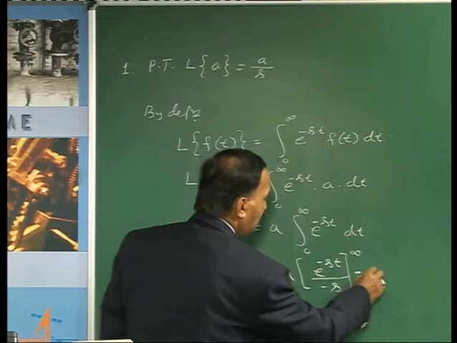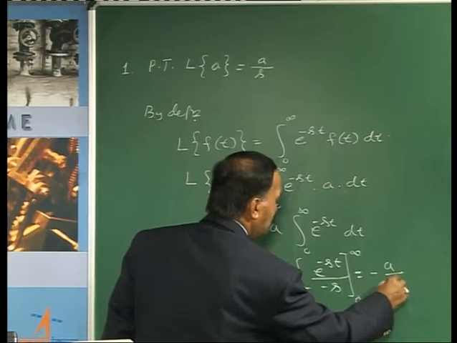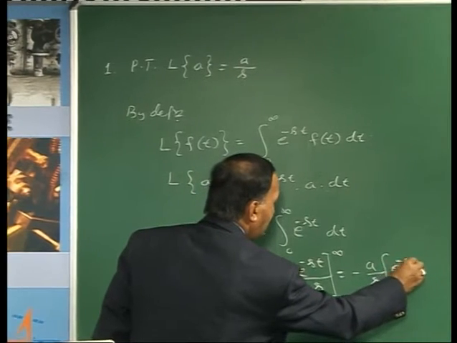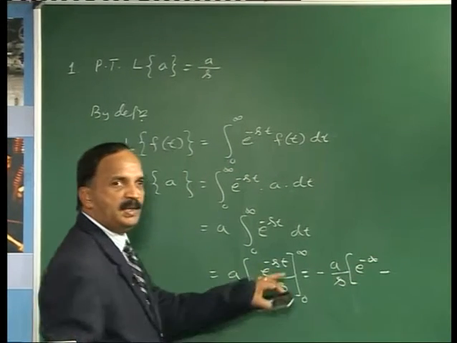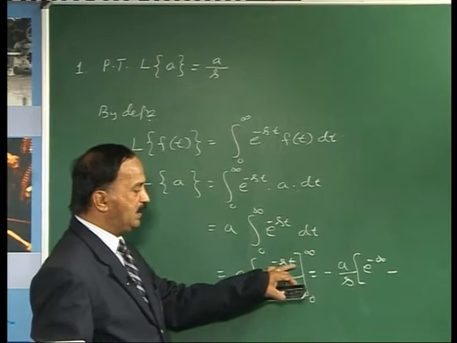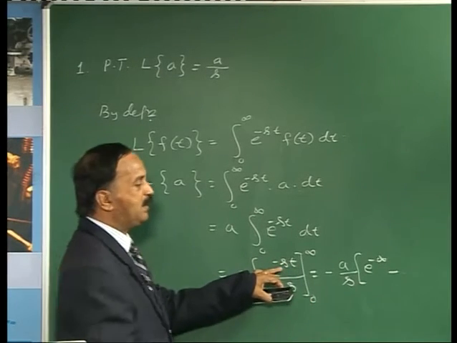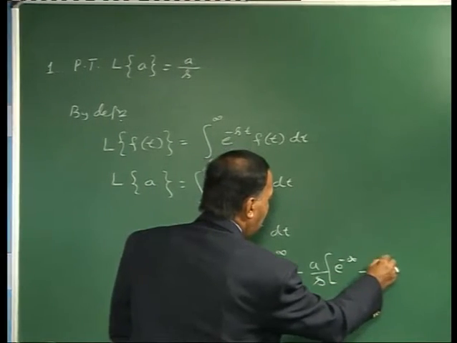So that means that is equal to minus a by s into e to the power of minus infinity minus, put t is equal to 0. 0 into s is 0. e to the power of 0 is 1.